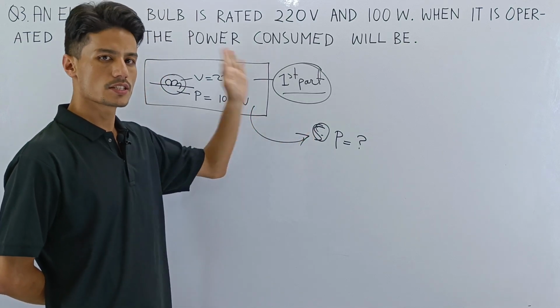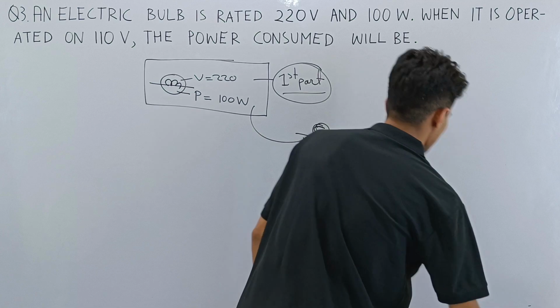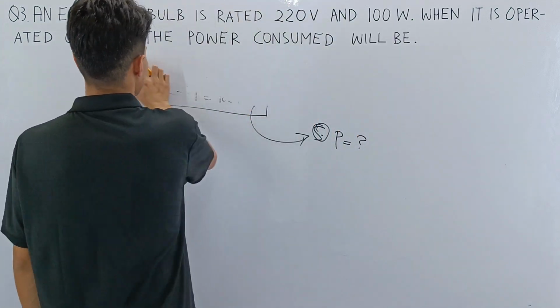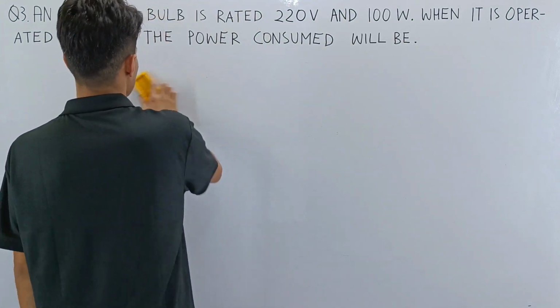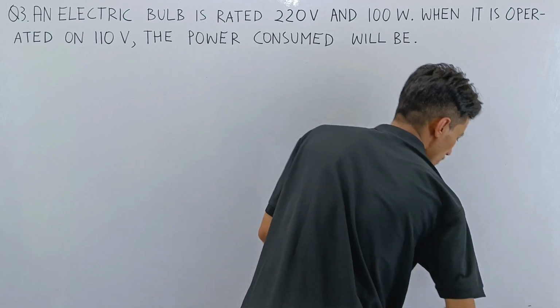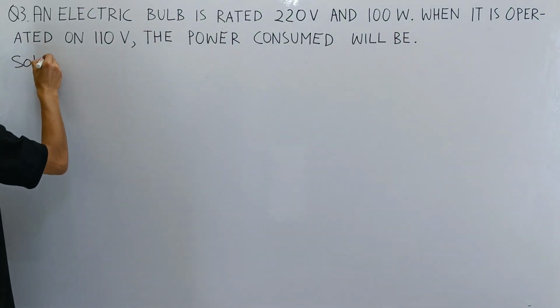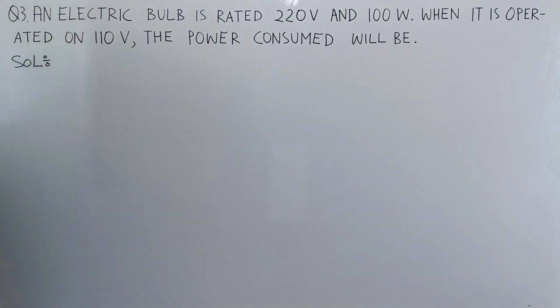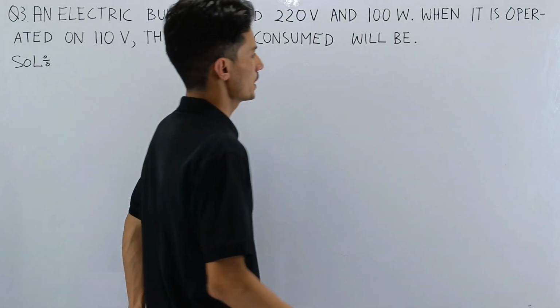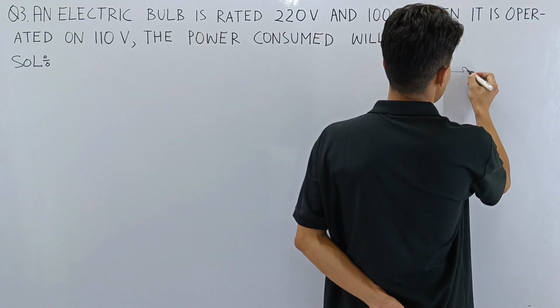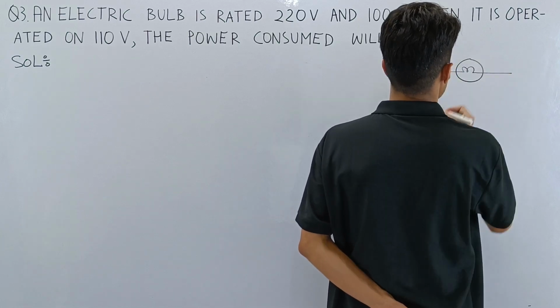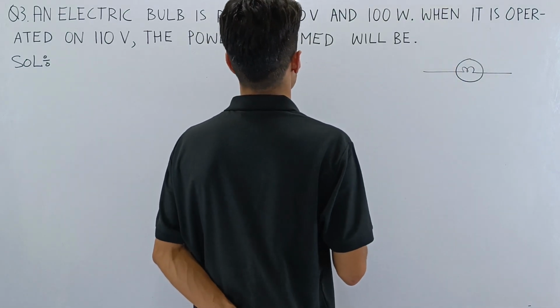So let's do the question together, and try it in detail now. Solution. We have read the question, and what we know is that there is an electric bulb. So draw an electric bulb, and the electric bulb is rated at 220 volt.